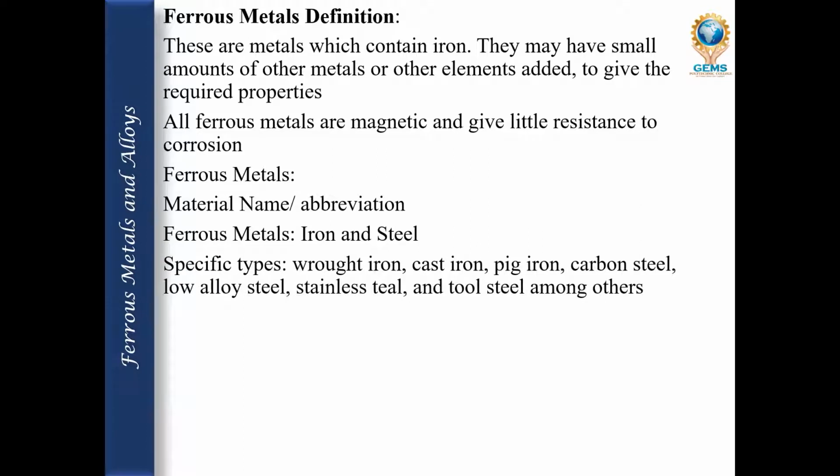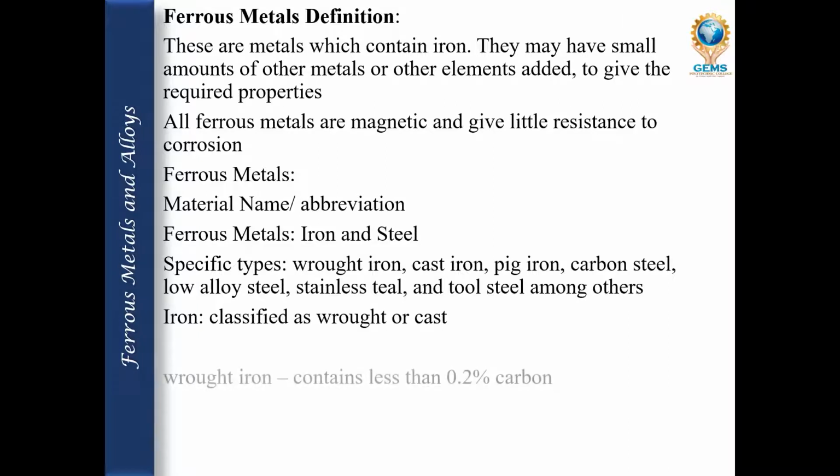The specific types that could be available are wrought iron, cast iron, pig iron, carbon steel, low alloy steel, stainless steel, and tool steel, among others. Iron is classified as wrought or cast iron.